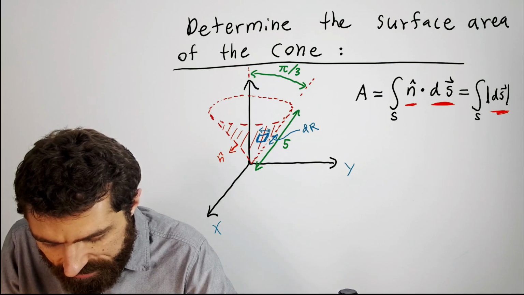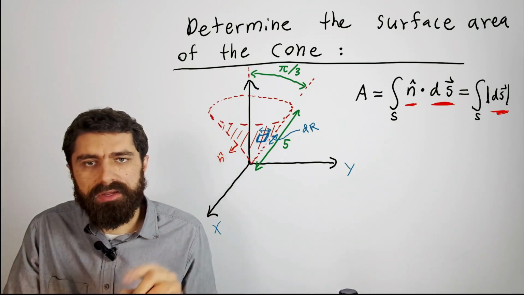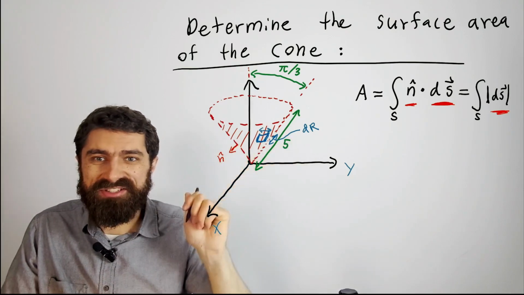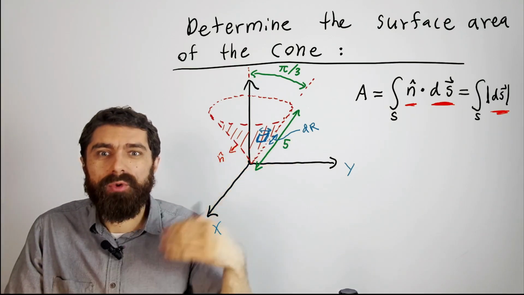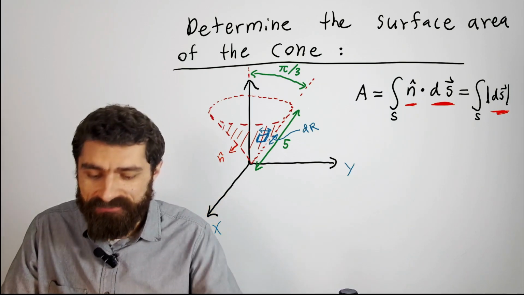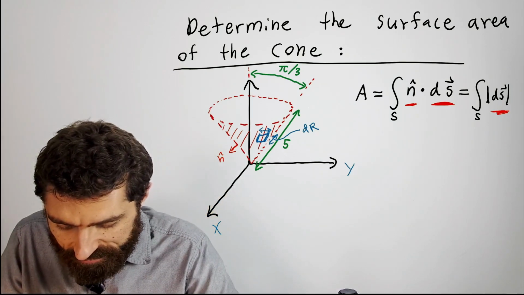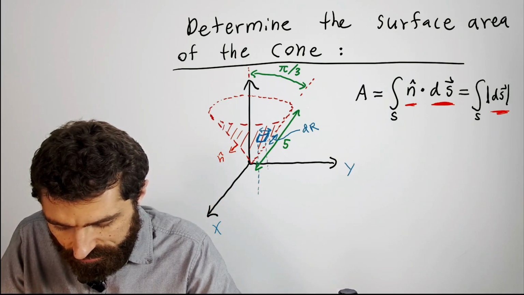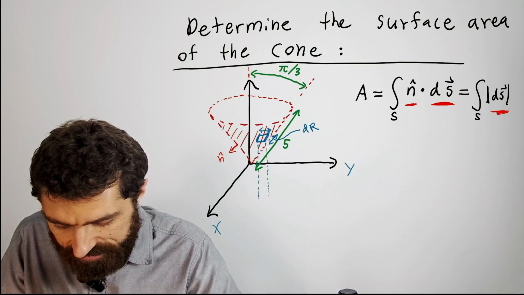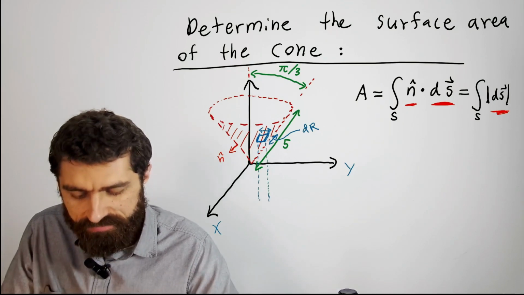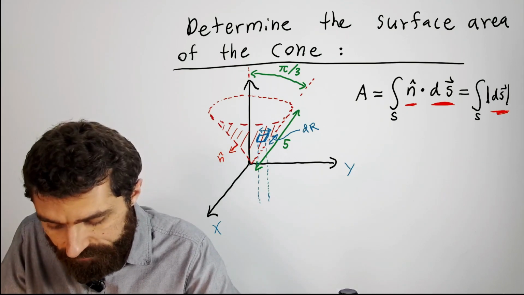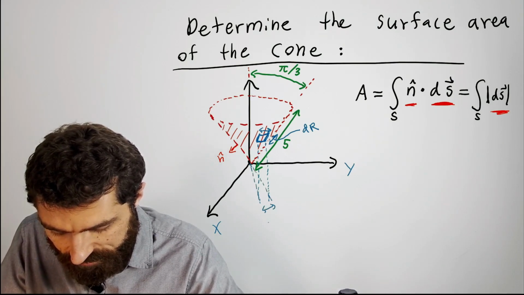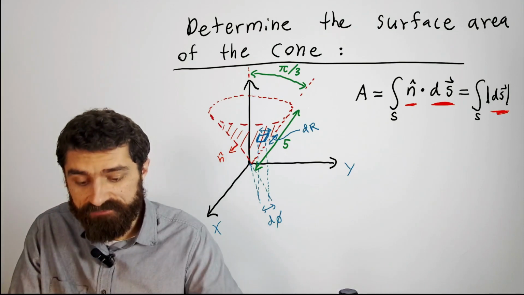This distance here is a little more complicated. It would not be just d phi, because d phi is an angle, and we want to find a distance. To find the distance, you project this patch, or this length, down to the xy plane. And this little angle here would be a little differential d phi.